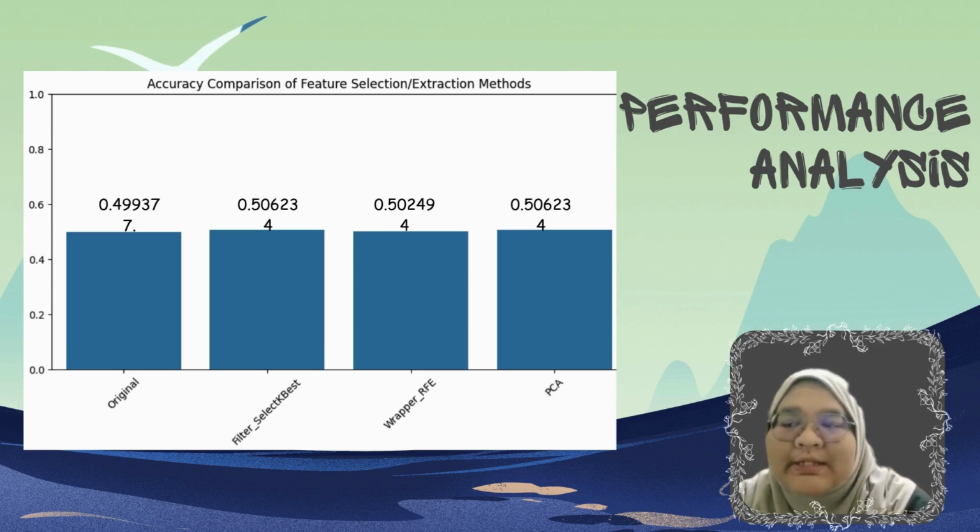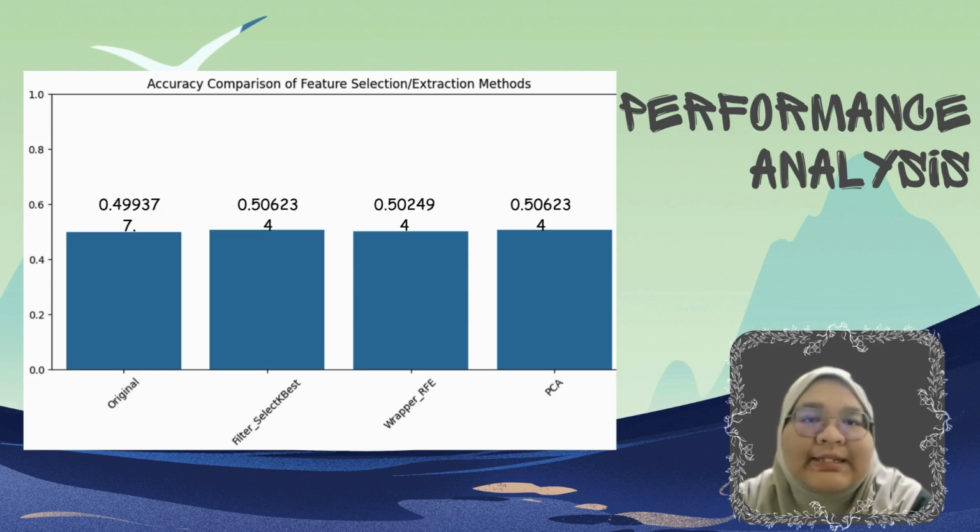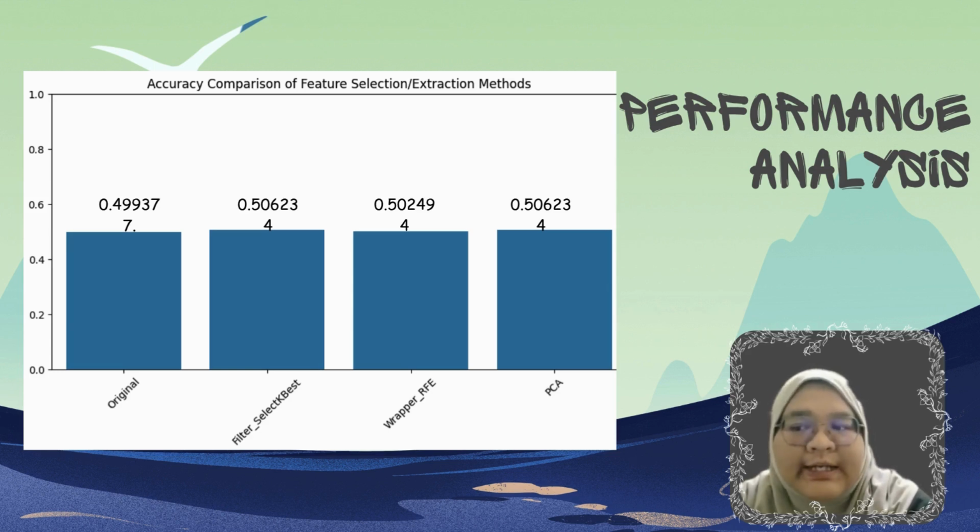For our assignment, we have decided that accuracy is one of our measures that we will use to evaluate the performance of each model that we have chosen. For the original model, which is the random forest classification, the accuracy is 0.499.